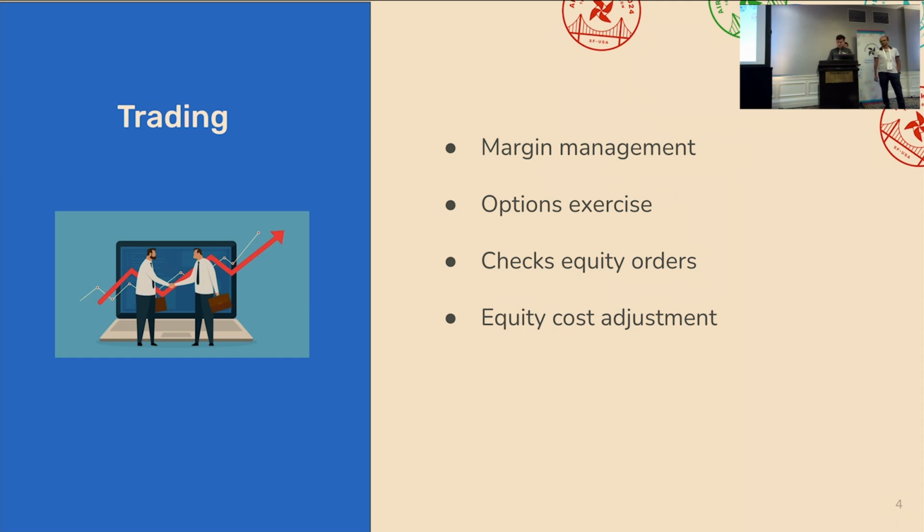We also use Airflow to parse cost basis from vendors and use that information to adjust our average cost for equities. Lastly, we actively check all equity orders for user restrictions before the market opens.